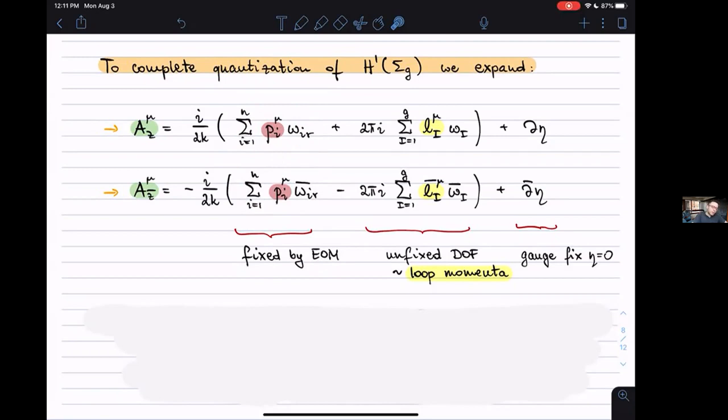But the equations of motion would not tell you what these coefficients are. So these will be unfixed degrees of freedom, and, foreshadowing what they will actually become, I will call them L. There will be one L for each genus value, and that's a Lorentz vector, and there will also be L bar for the antiholomorphic version.